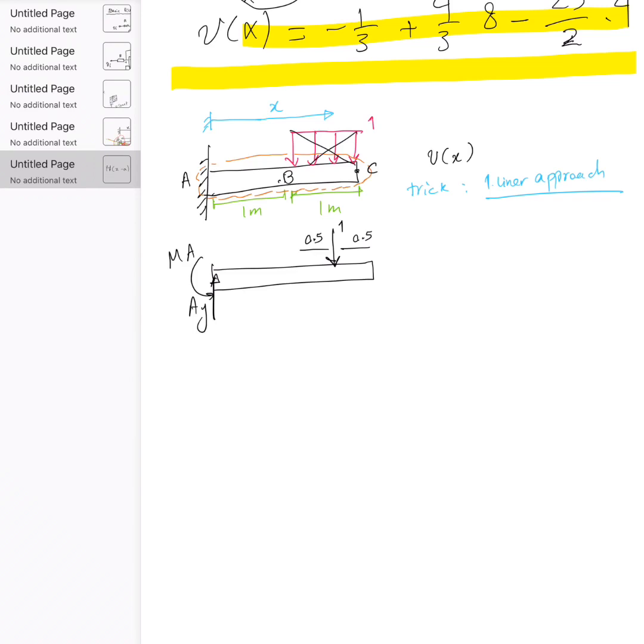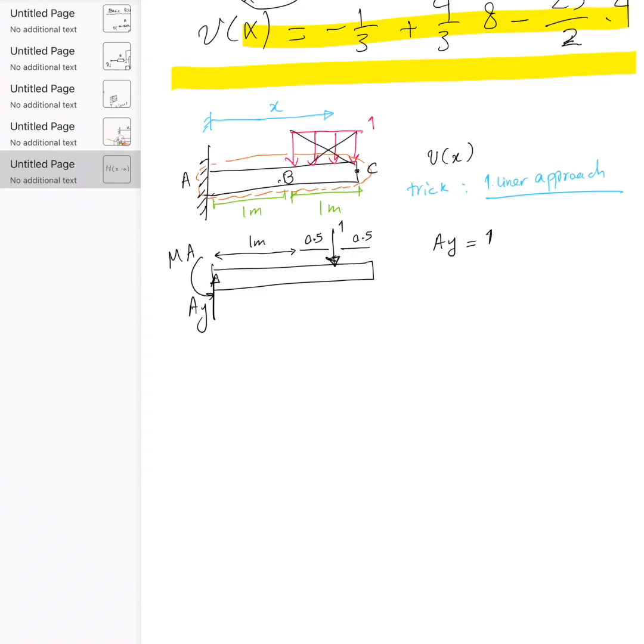Why? Because this distributed load is uniform. It's rectangular. The centroid is exactly in the middle. And from here to here is 1 meter. So now, using this, I can find AY and MA. Summation of forces in y is equal to 0, so AY is equal to 1. Okay?